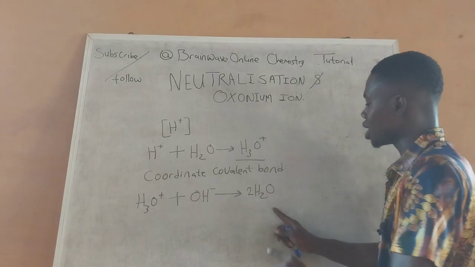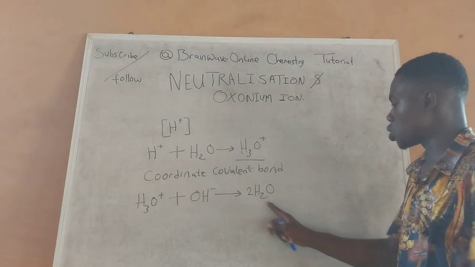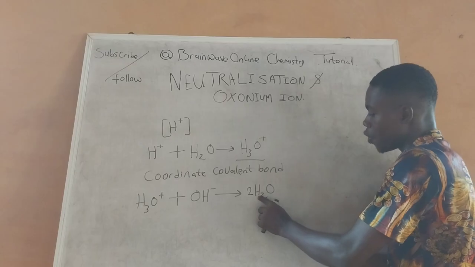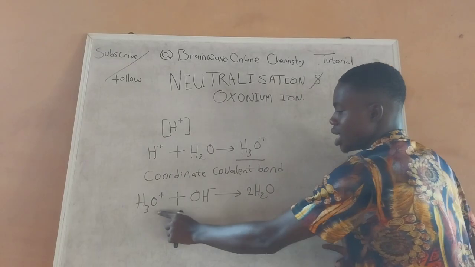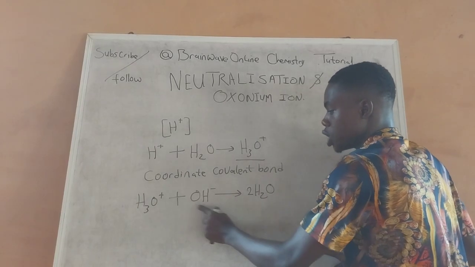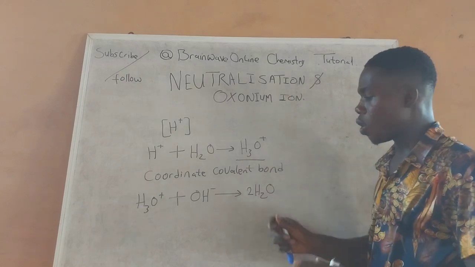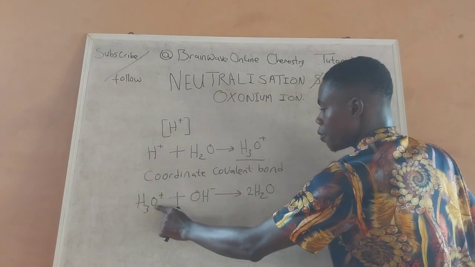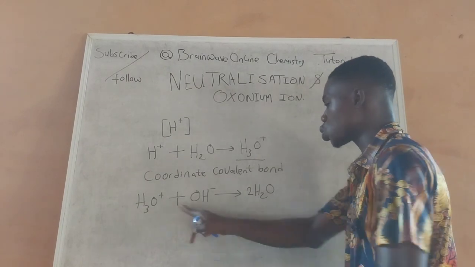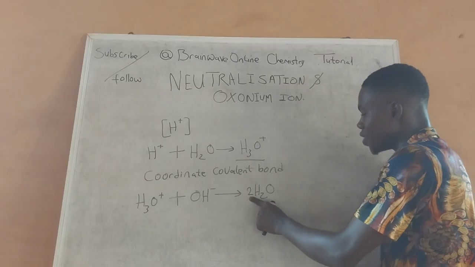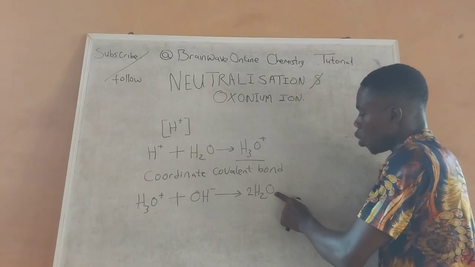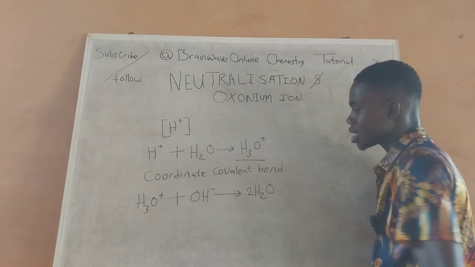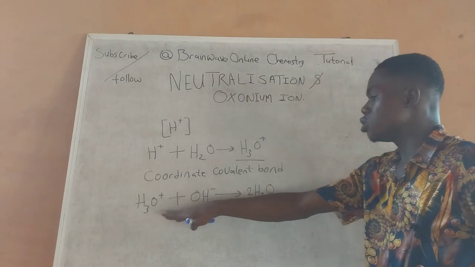This 2 times this 2 here will make it 4 hydrogen atoms here. Then this 3 hydrogen atoms plus this 1 hydrogen atom makes 4 hydrogen atoms here. Then we have 1 oxygen atom here, 1 oxygen atom here, making it 2 oxygen atoms. Then this 2 is affecting this oxygen also, making it 2 oxygen atoms here.